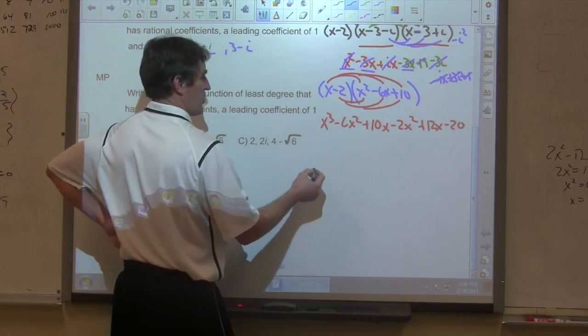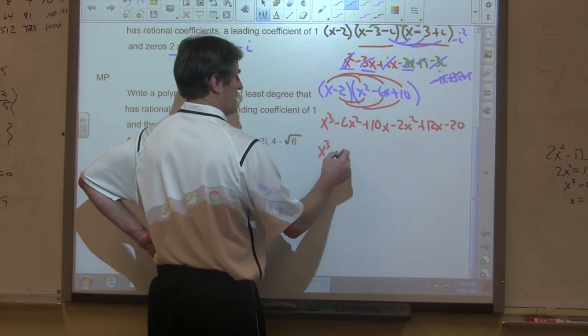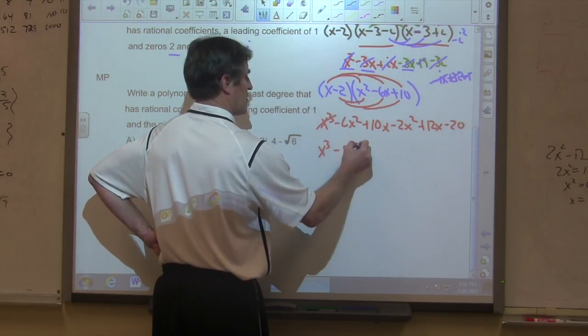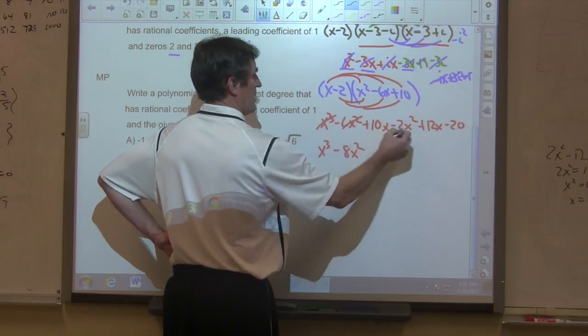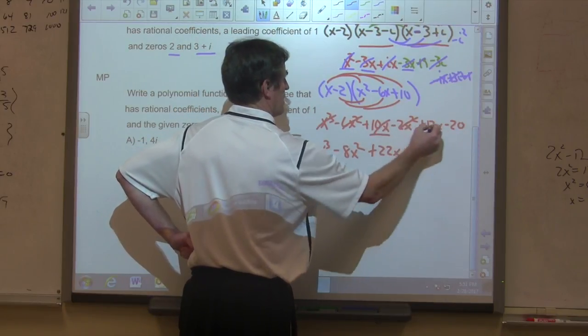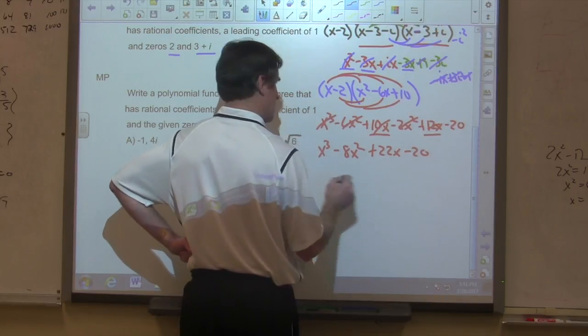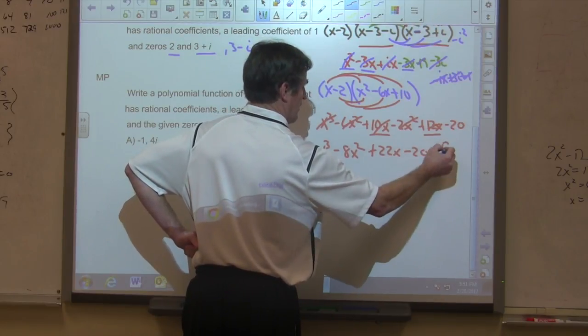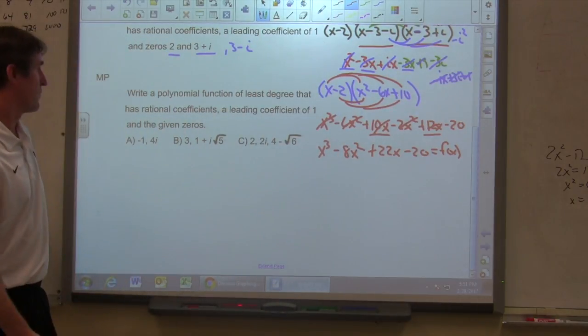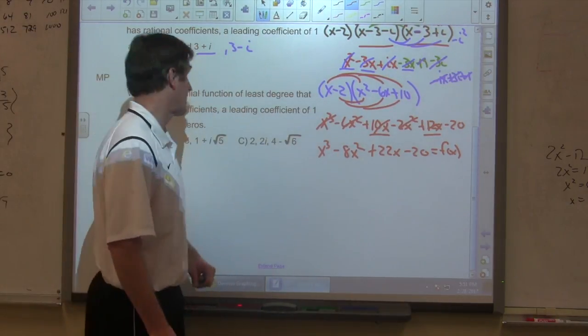And then combine like terms, so we have x cubed minus 6 minus 2 is a minus 8x squared. 10x plus 12x is 22x. And then minus 20. So this would be either our function or equal to 0, depending on what they ask. Okay, they ask for a function, so equals f of x.